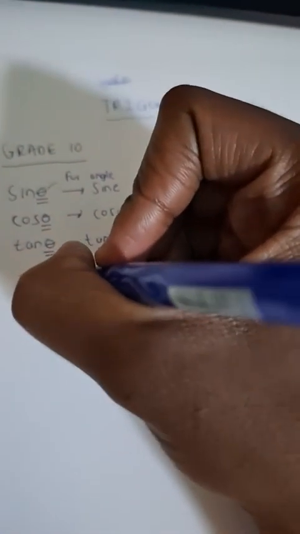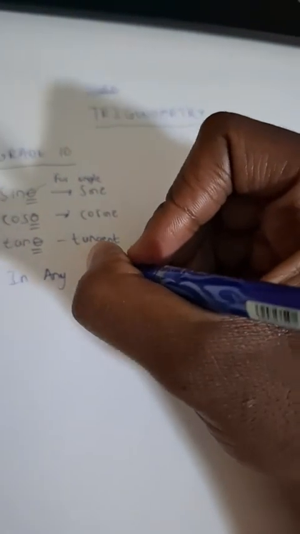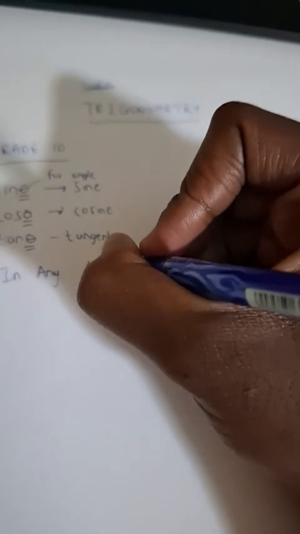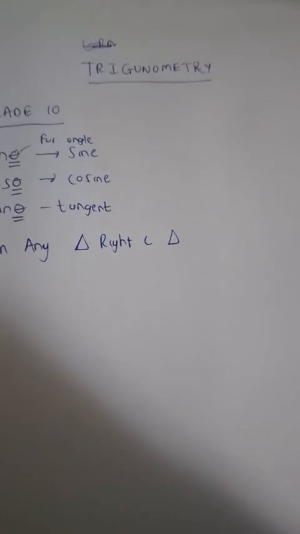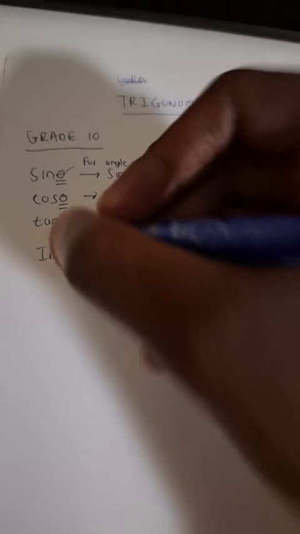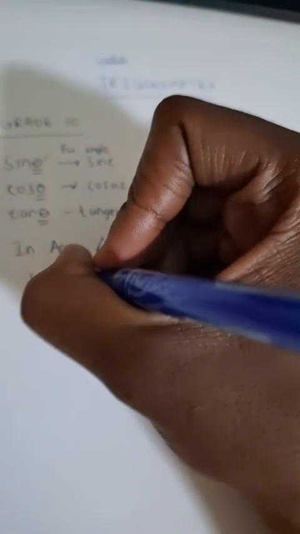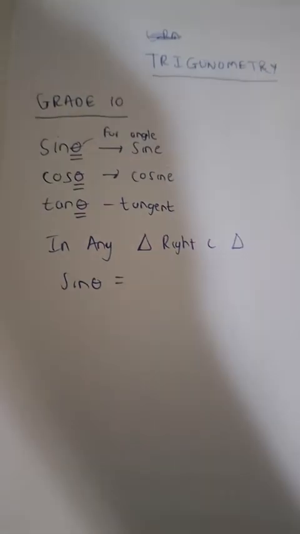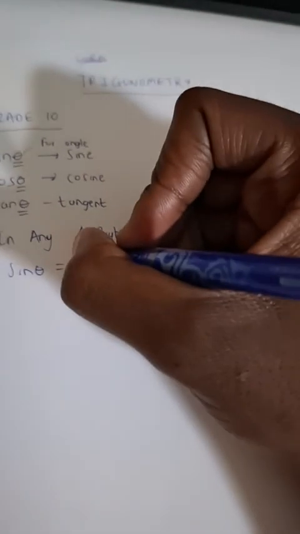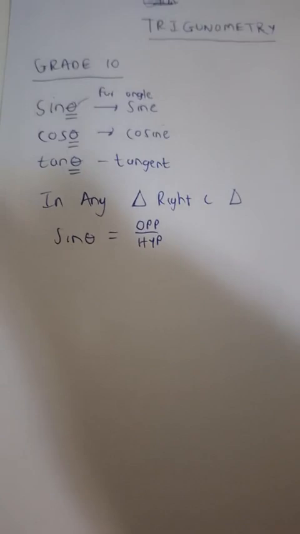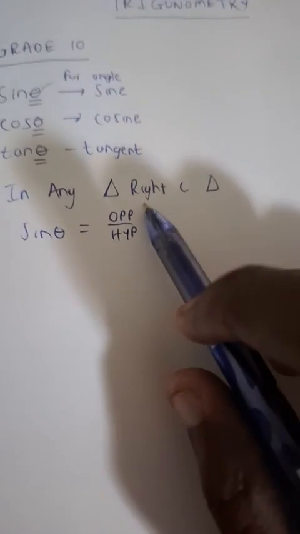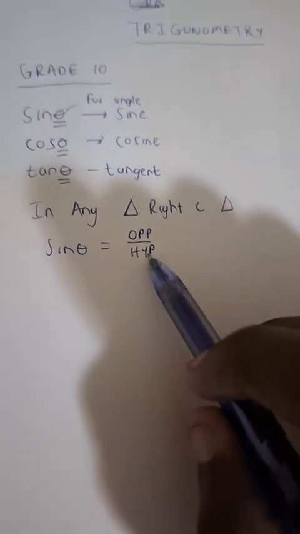In grade 10, in any triangle, specifically a right angled triangle, these 3 basic trigonometric ratios would be the following. Sine theta is what in a right angle triangle? It's opposite over hypotenuse, in other words your opposite side over your hypotenuse.